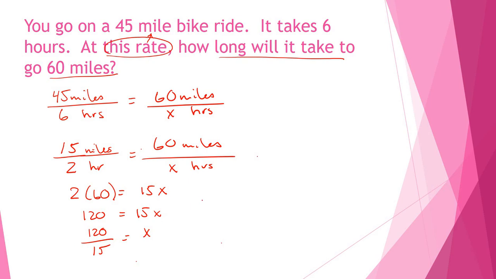That's my time now. That's all my hours. So 120 divided by 15. Let's try 8. 8 times 5 is 40. 8 times 1 is 8, that's 120. That works. So x equals 8 hours.